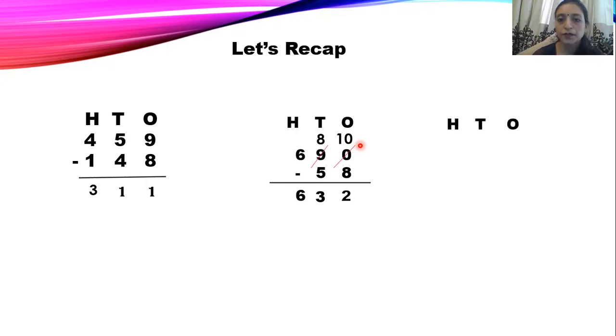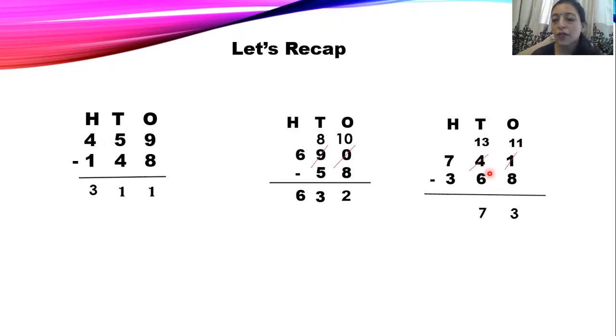Okay. Now let's take one more example. Here also you can see 1 is less than 8. So we'll have to borrow. So this will become 11. 11 minus 8 will become 3. Then 3 is again less than 6, so we'll have to borrow 1 from 7.